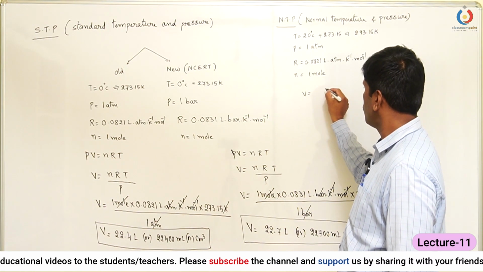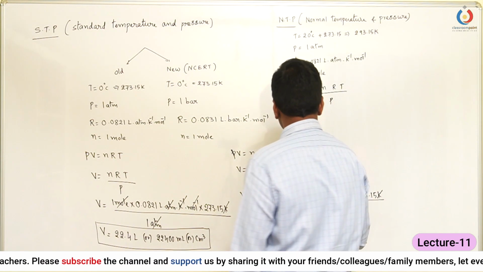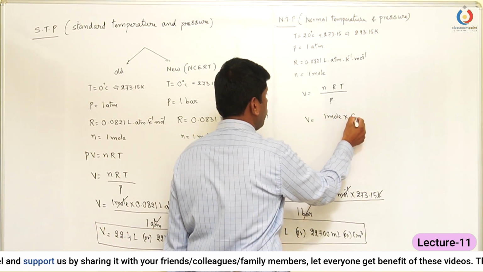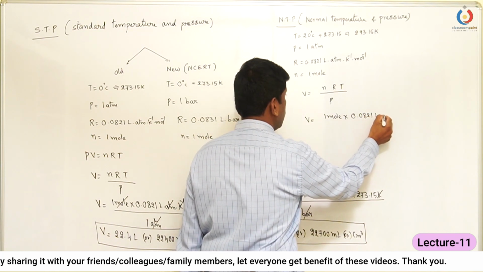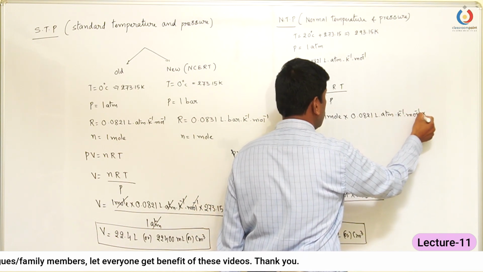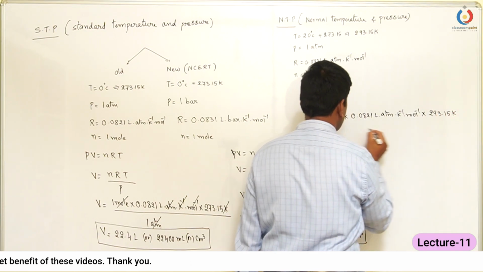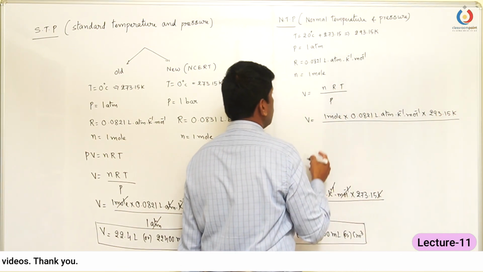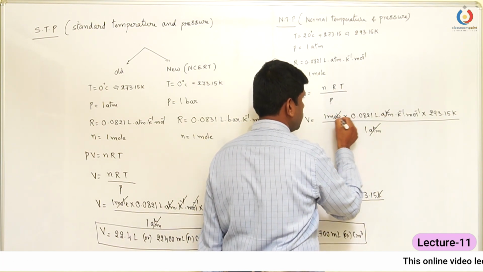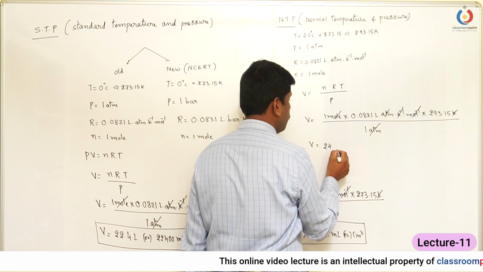So volume equals again nRT by P. Let us substitute these values: n value 1 mole, R value 0.0821 liter atmosphere per Kelvin per mole, temperature 293.15 kelvins, divided by pressure 1 atmosphere. So again units cancel, and volume equals 24 liters.